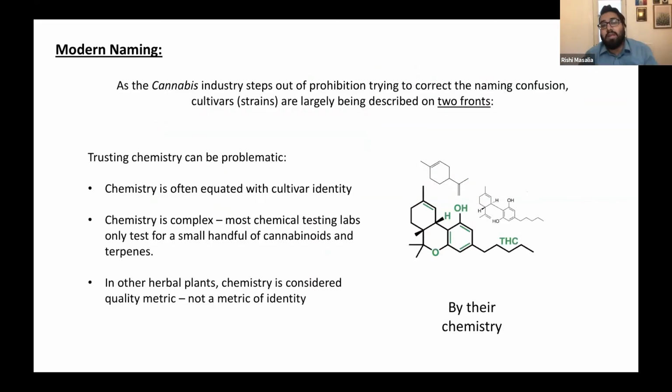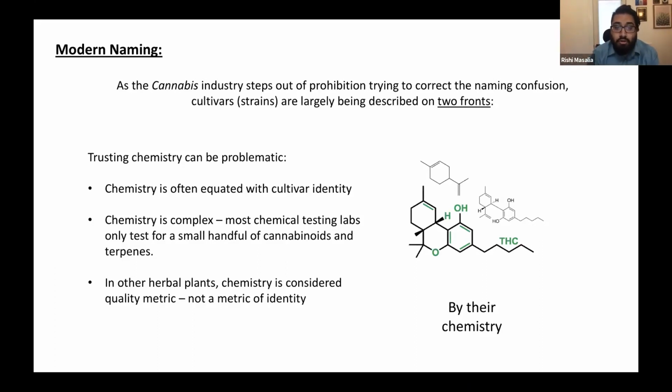So going back to the other naming convention, chemistry. A lot of people recently are trying to classify cannabis by just their chemistry and move away from names in general because of all the reasons that I just described. Chemistry in this industry is often equated with cultivar identity.